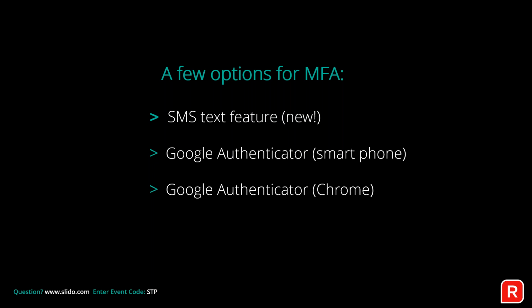Otherwise, if you don't want to use your phone, you can download the Authenticator as a Chrome extension. If you want to use it on your computer or laptop, you can download the Authenticator Chrome extension. That can be another form of MFA. I'll go through each one in more detail.